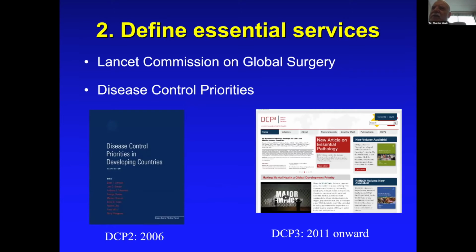We're also making some progress in better defining essential services. There's been a couple of, I'd say, significant landmark accomplishments in this, the Lancet Commission on Global Surgery and the Disease Control Priorities Project.